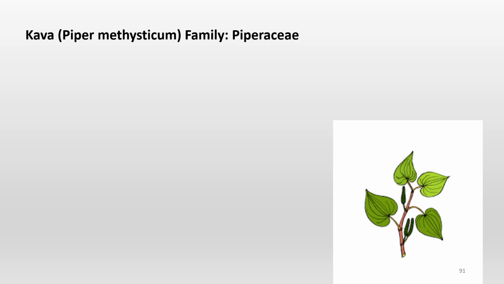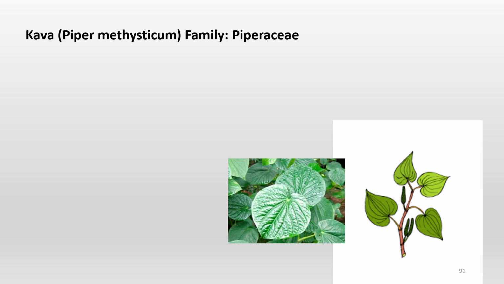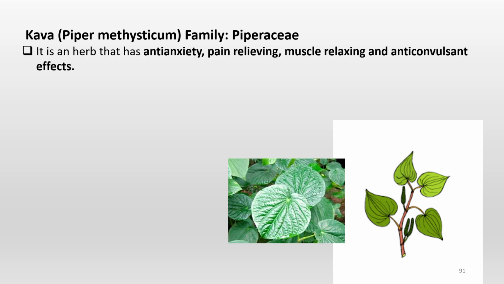Now we have to write about kava. There is a question also, kava-kava. Kava is Piper methysticum. It is not Piper nigrum, it is Piper methysticum, family Piperaceae. It is an herb that has anti-anxiety, pain relieving, muscle relaxation, and anticonvulsant effects.